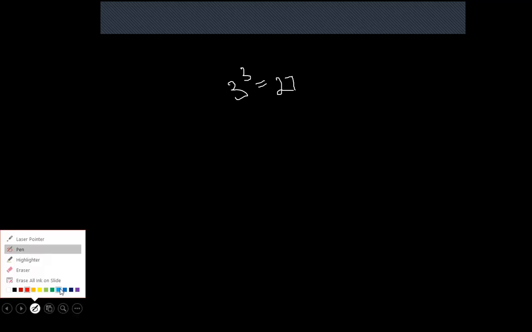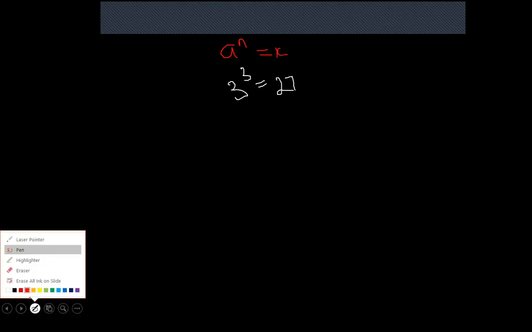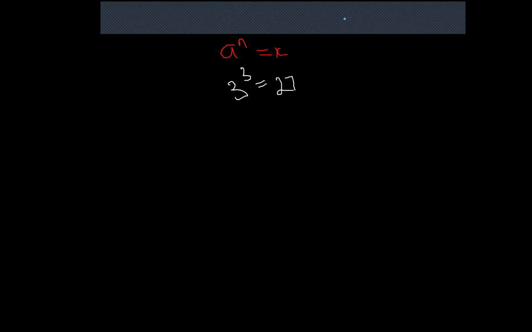So identify what's a, what's n, and what's x. Hold on, I just need to write it out since it's a new topic that we're teaching. So a would be 3, because a is the base. N, which is the power, is also 3, so n is equal to 3. And then x, which is the number, is 27.